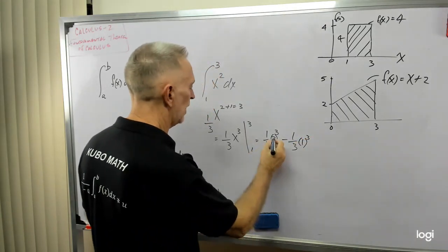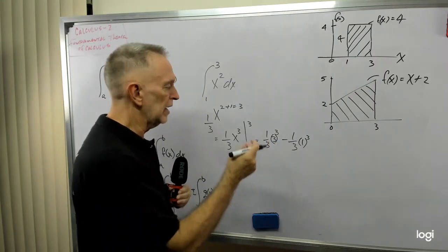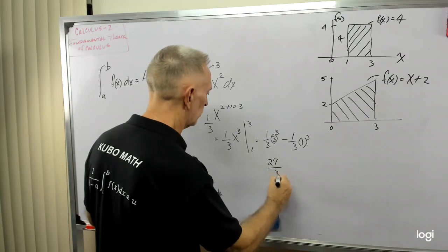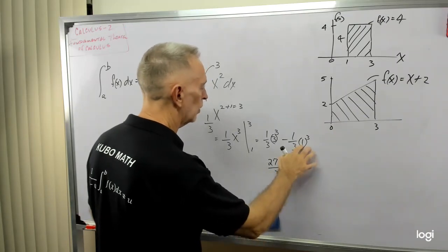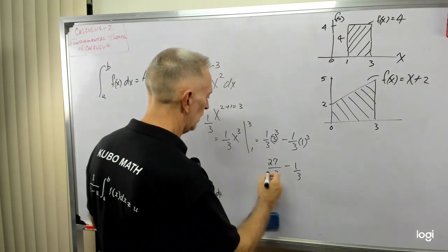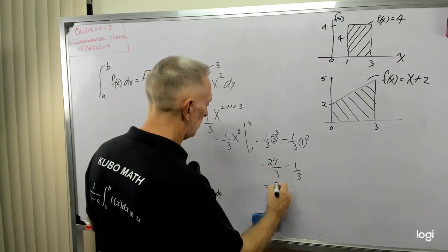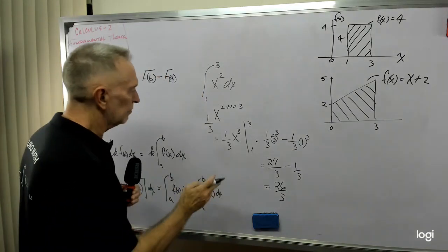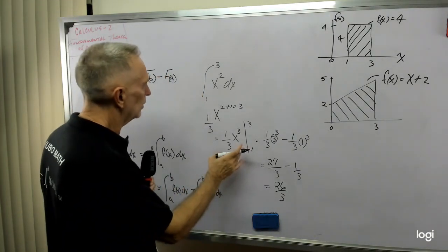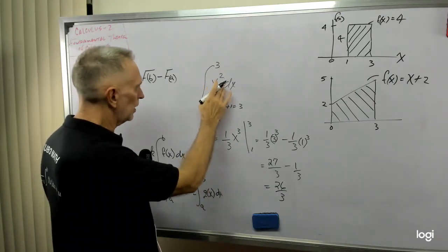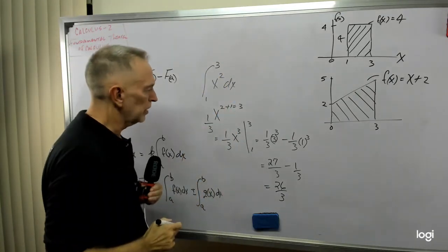Okay, so now I have 3 times 3 is 9, times 3 is 27. So I have 27 over 3 minus 1 cubed is 1, 1 times 1/3 is 1/3. So the result would be 26 over 3. That would be the resulting area under the curve of x squared dx from 1 to 3.